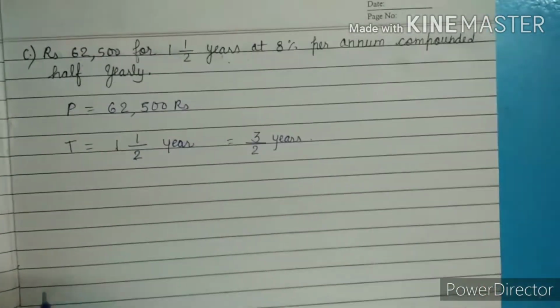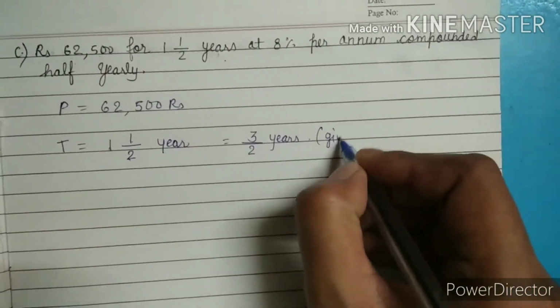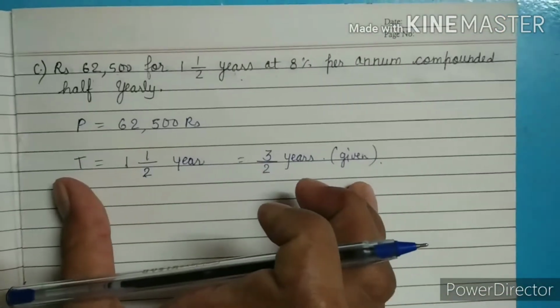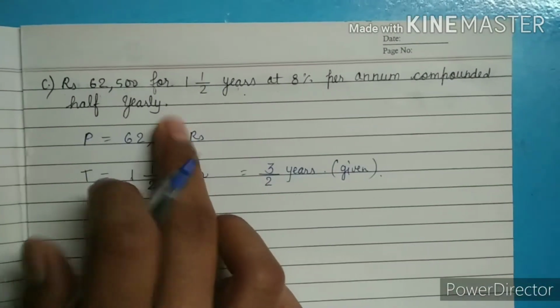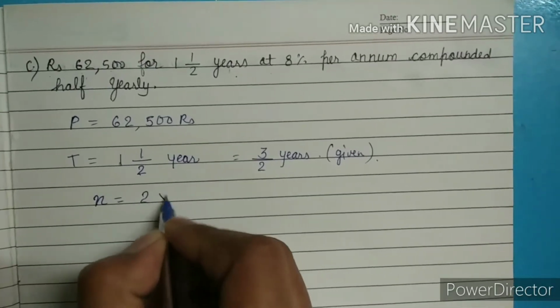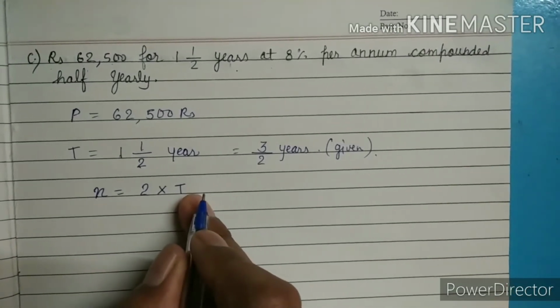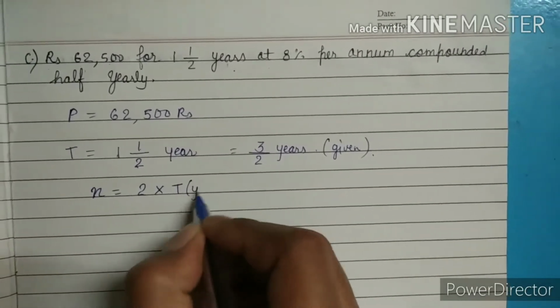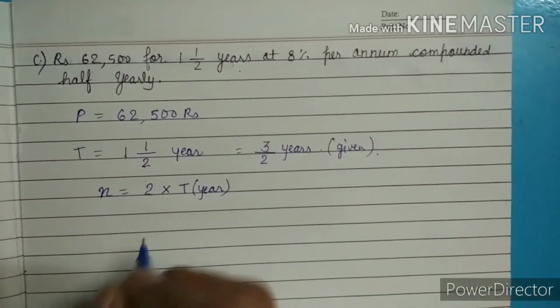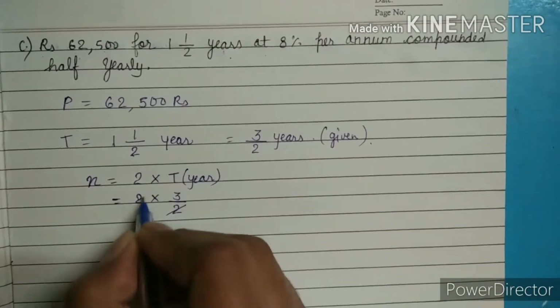But actually this is not the time. This is the given, but the interest is compounded half yearly. That's why our n will become 2 into time, because time is in years. So when we put 2 multiplied by 3/2, 2 to 2 cut.